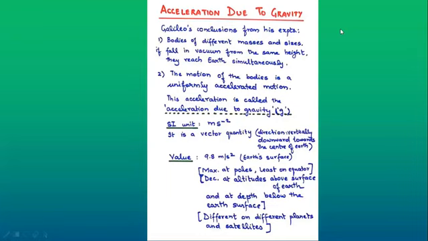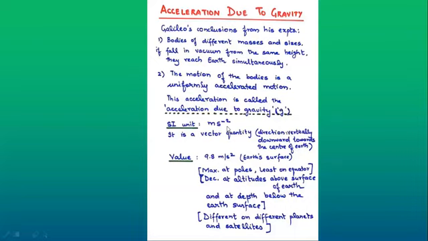This acceleration of a freely falling body does not depend on the mass of the body, its size and its shape. If we take vacuum, then different masses, different sizes, all bodies will fall on the Earth with the same acceleration. Acceleration due to gravity is denoted by small g.